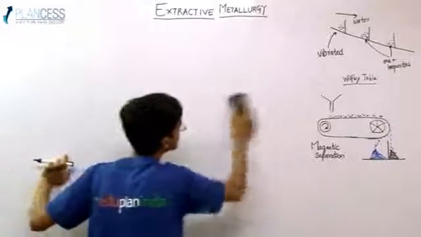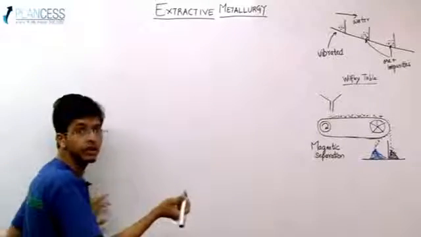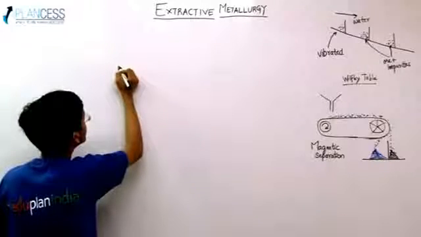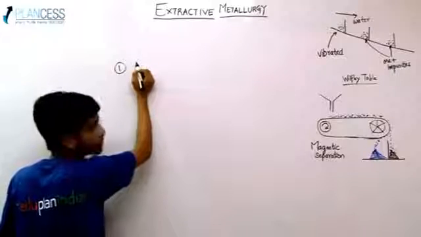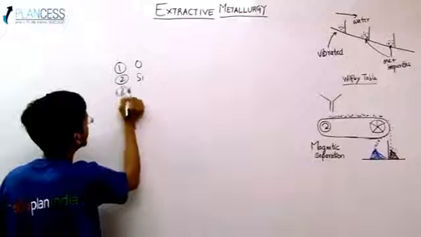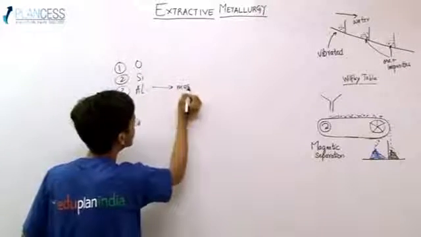Now we have looked at the occurrence of metals. Let us look at the composition of earth crust. Earth crust contains various metals, elements, etc. Let us look at the abundancy. The most abundant element in earth crust is oxygen, which is followed by silicon and then aluminium, making aluminium the most abundant metal.